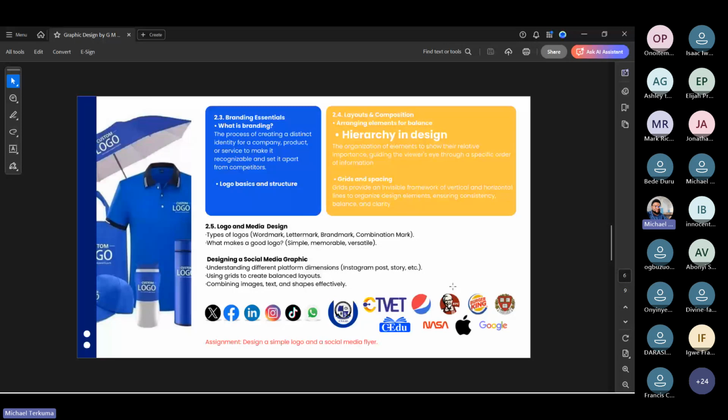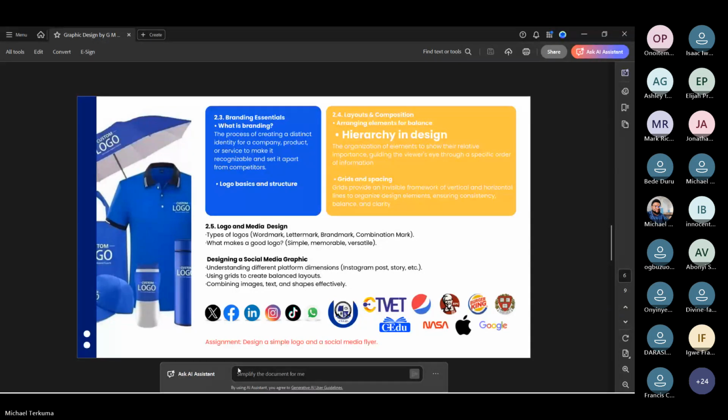Let me show the first logo Apple used. The current logo Apple is using is not the first logo they started that brand with. The earlier one was a mixture of many things. It was multicolor, like a rainbow.